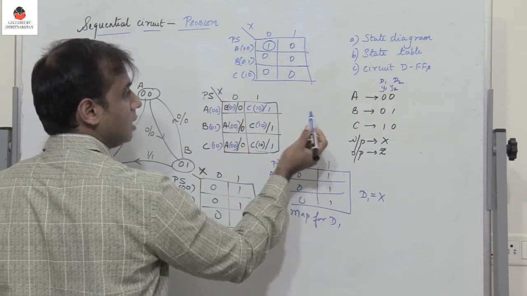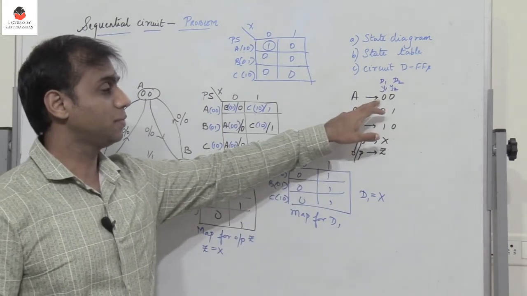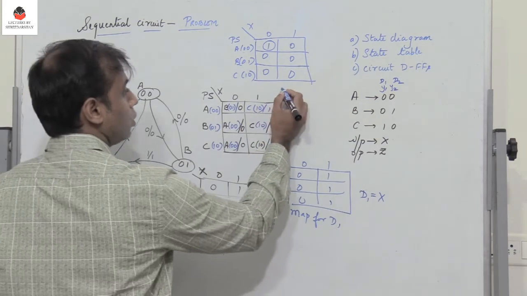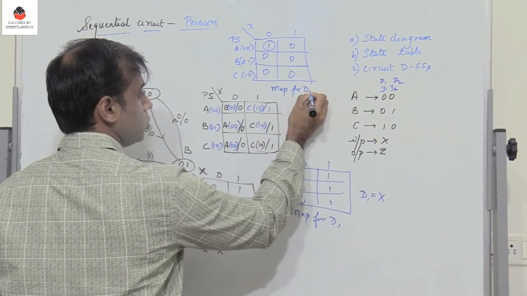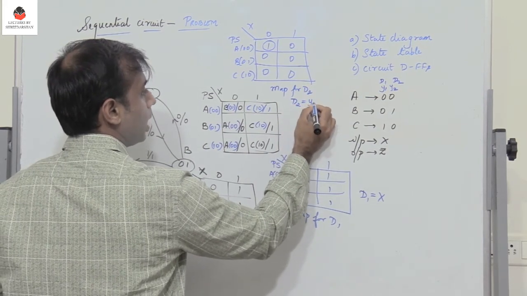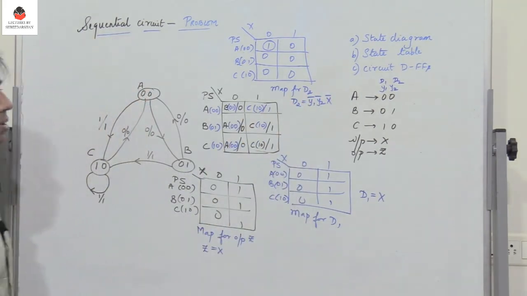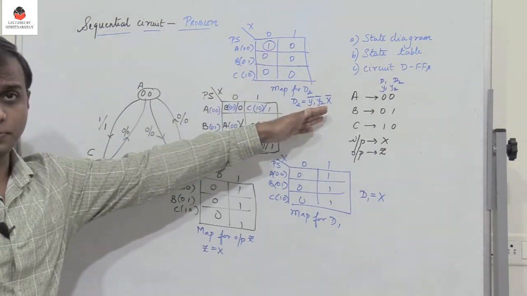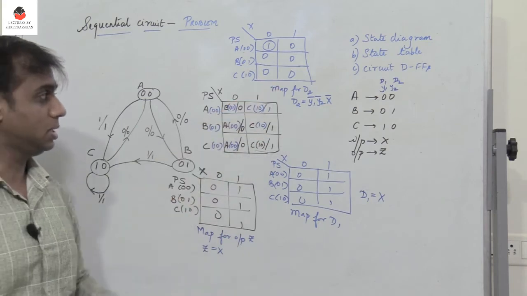We have considered the first bit of the state assignment as Y1 and the second bit as Y2. So therefore D2 is nothing but Y1 bar, Y2 bar, X bar, right? What is Y1? Y1 is the output of the flip-flop D1, and Y2 is the output of the flip-flop D2.